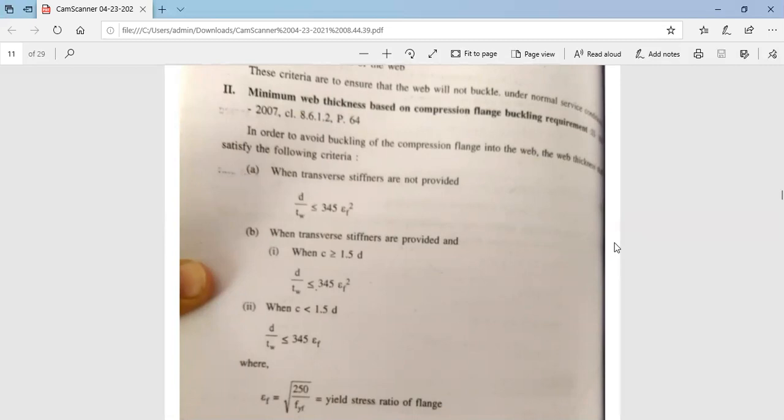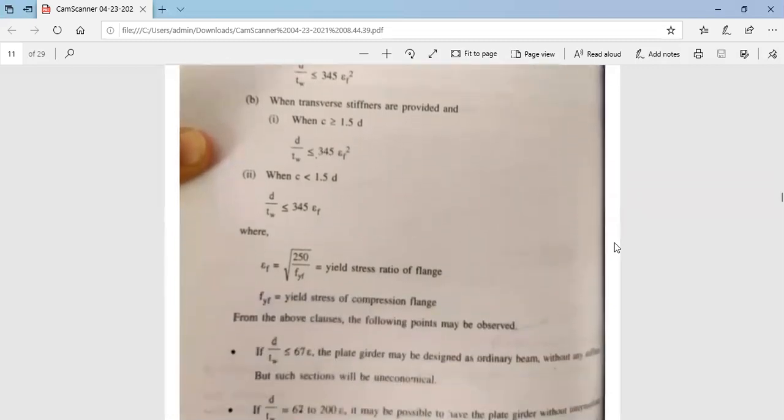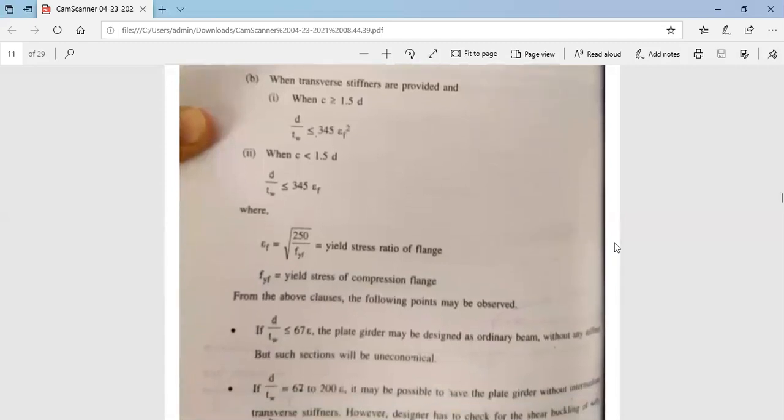Second, when transverse stiffeners are provided and C is greater than or equal to 1.5 D, the D by TW ratio is less than or equal to 345 EF squared. When C is less than 1.5 D, then D by TW is less than or equal to 345 EF. Here EF is equal to under root 250 by Fyf, the yield stress ratio of flange, and Fyf is equal to yield stress of compression flange.